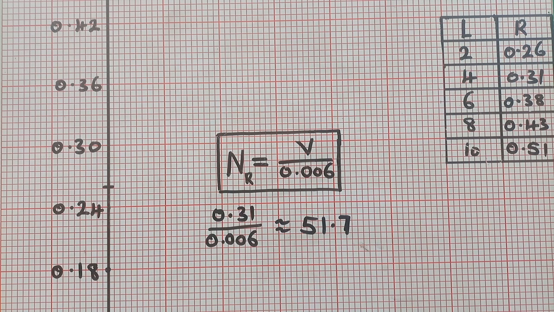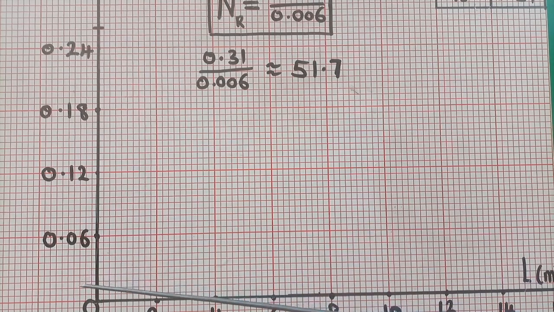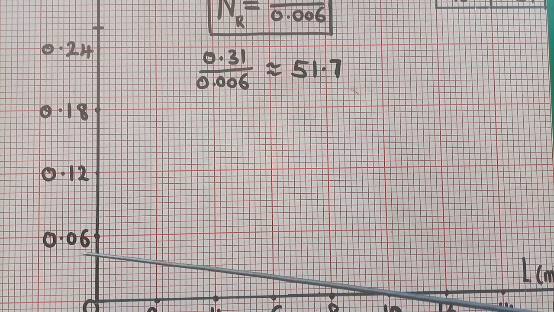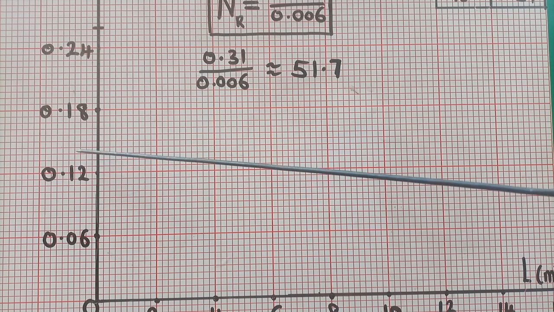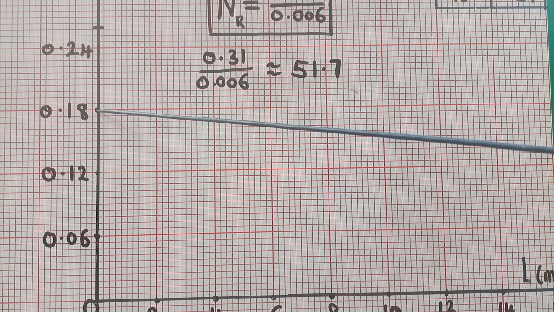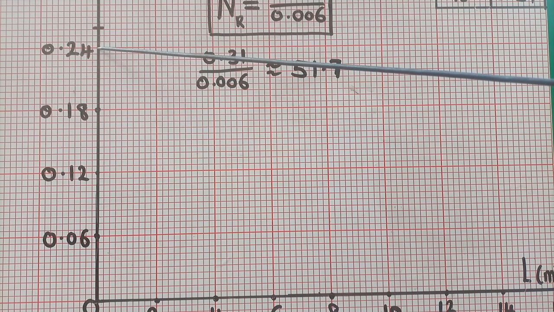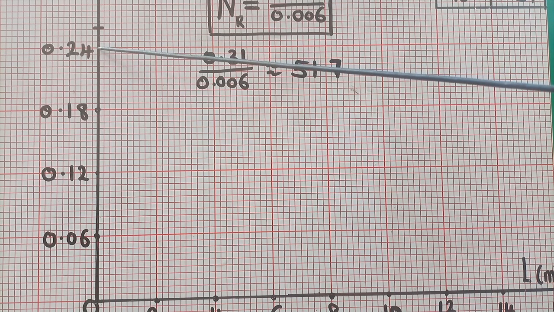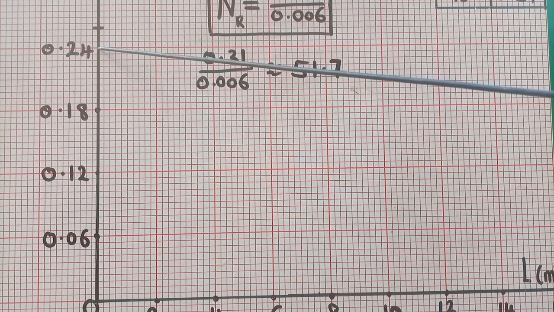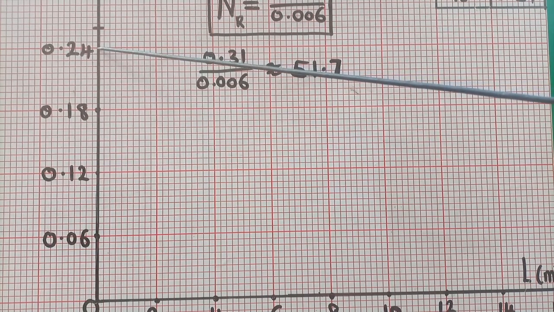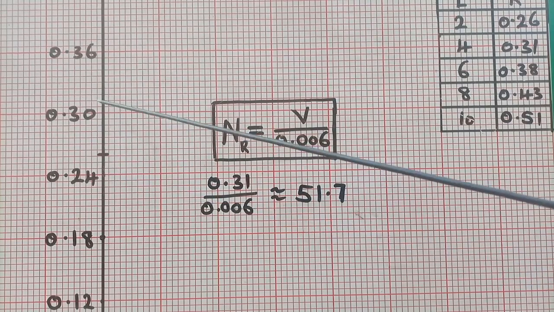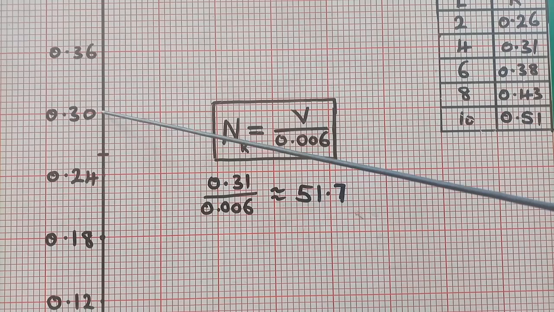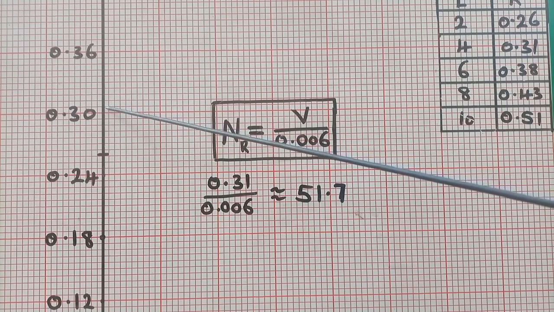Let's count. To start, we start from here. 10, 20, 30, 40. Remember that at 0.24, we have counted 40 unit boxes. Let's continue to count. The 40th was here. Then 50, 51.